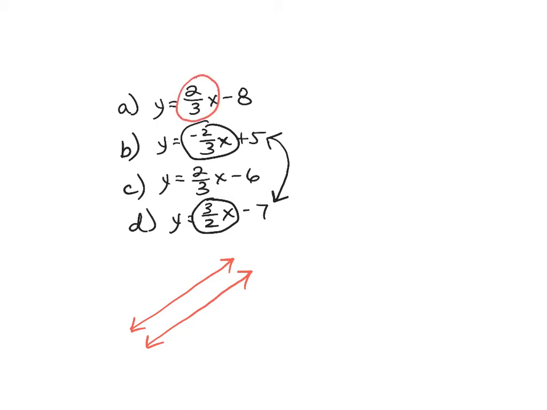Well, A is 2/3 and C is 2/3. So A and C would be parallel to each other. Remember, parallel lines have exactly the same slope. So the first part of this section just talks about the slopes of parallel lines and perpendicular lines.